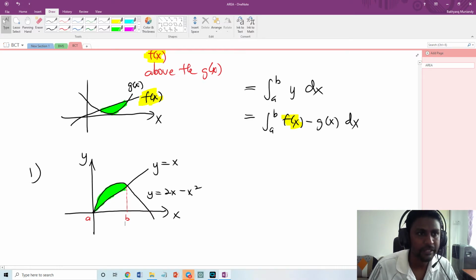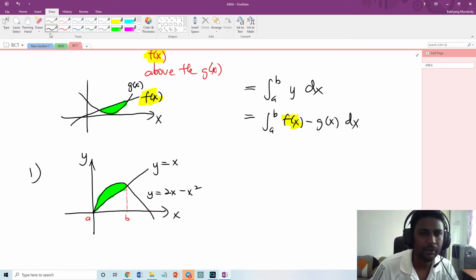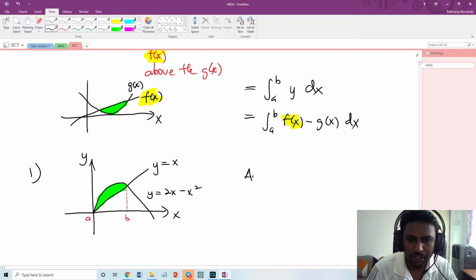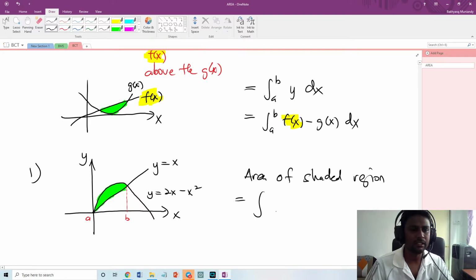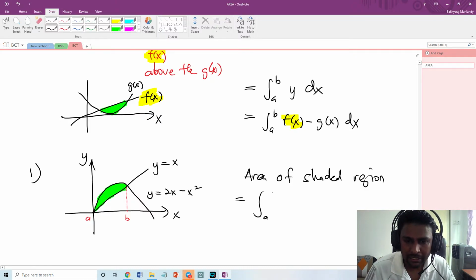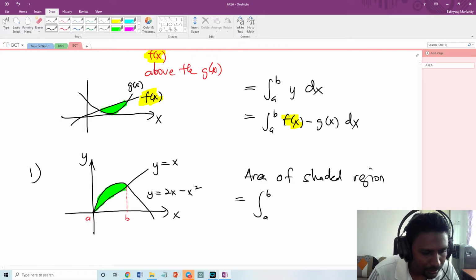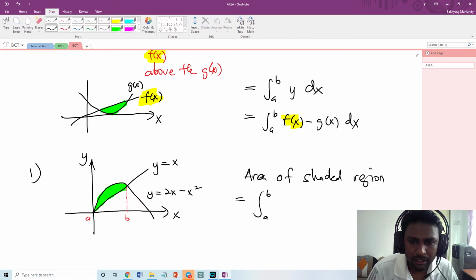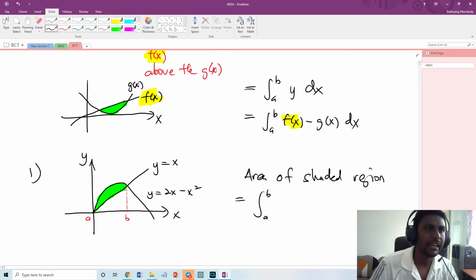Next, I am going to substitute into the formula. What is my formula? Area of shaded region will be equal to the integral from a to b. I don't know a and b, it's okay. What function comes first?